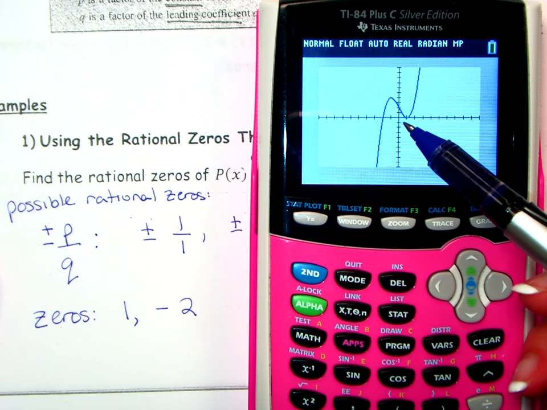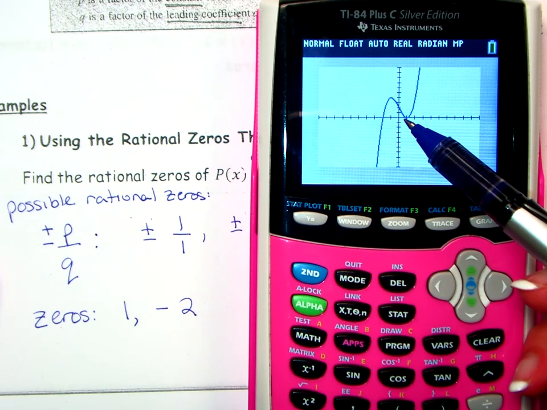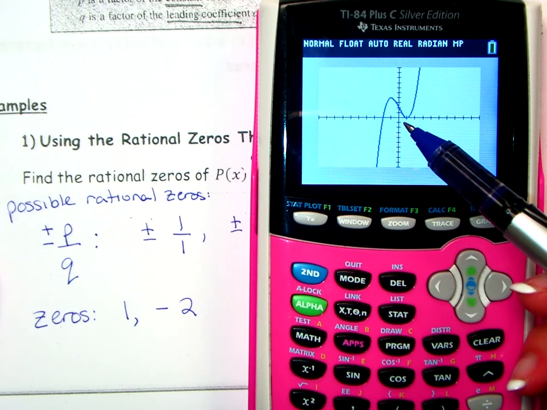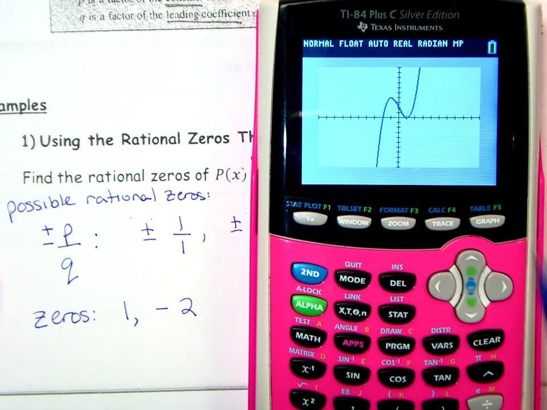If it touches the graph, we know that it's even multiplicity, and so most of the time this means that the multiplicity is 2. So -2 works once, and +1 works twice.